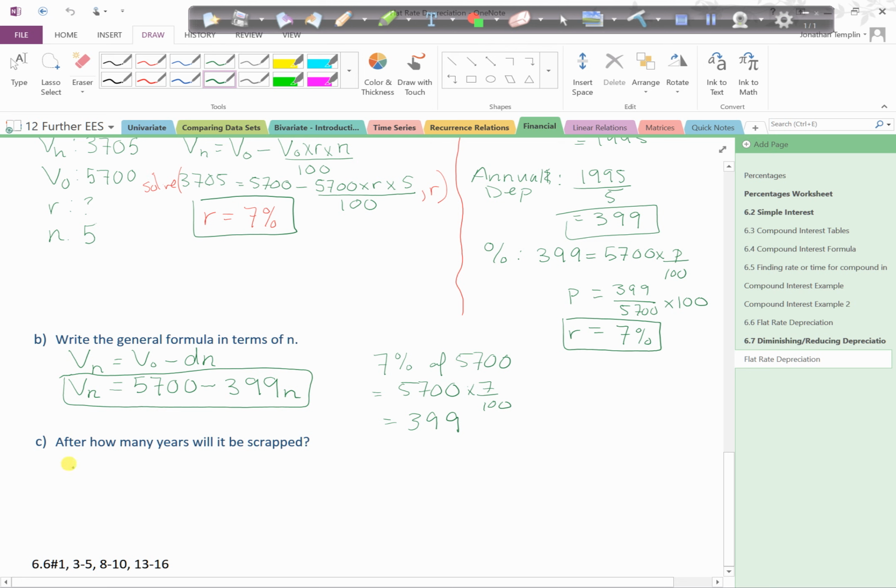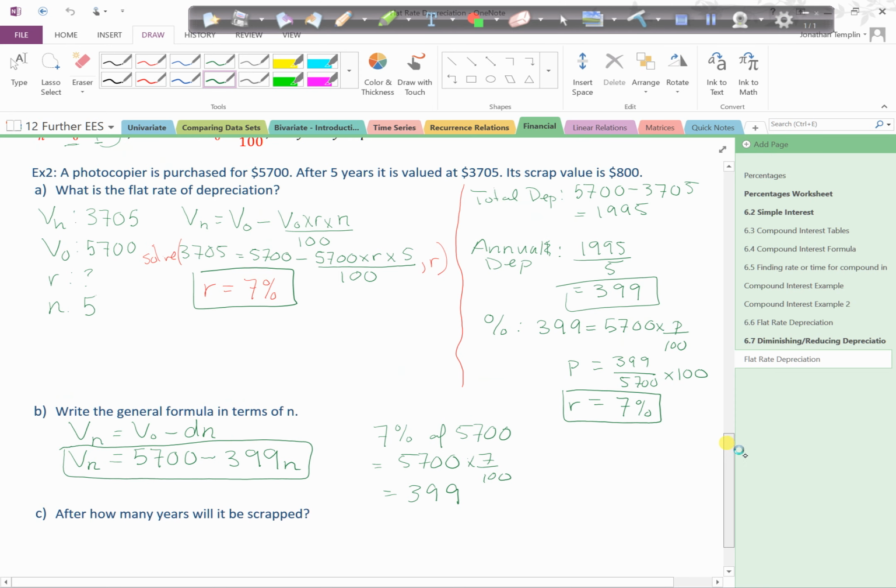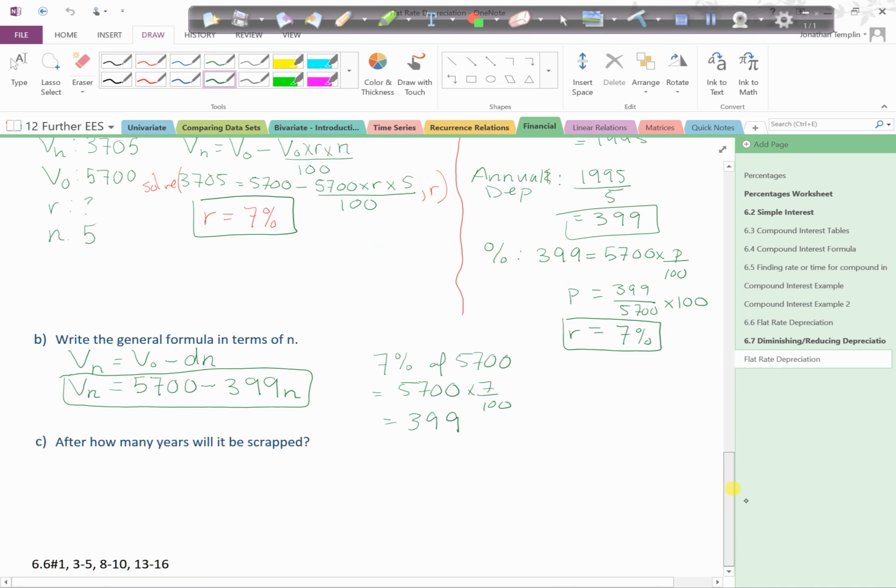So now we're asked, I've got this lovely equation, let's put it to use. After how many years will it be scrapped? Going back to the question, remember its scrap value is $800. So essentially, when is Vn equal to 800? So let's put that in.